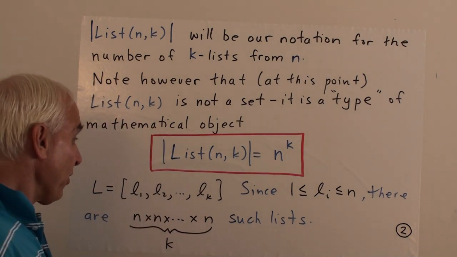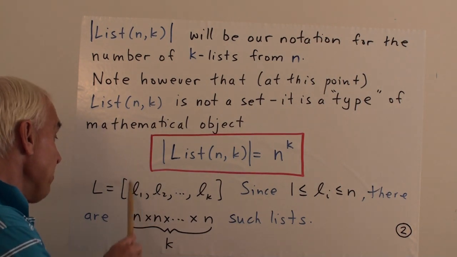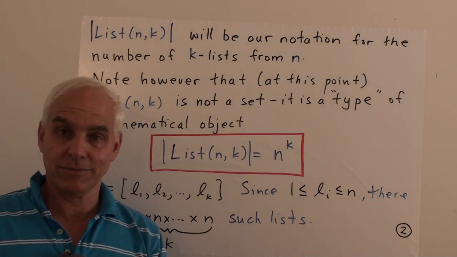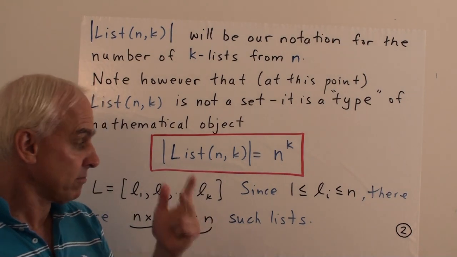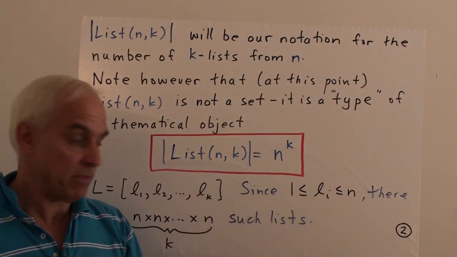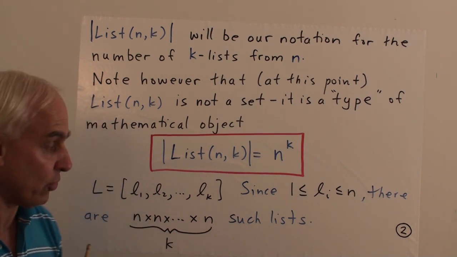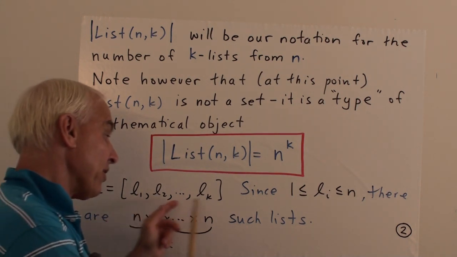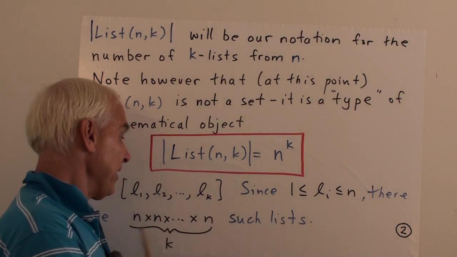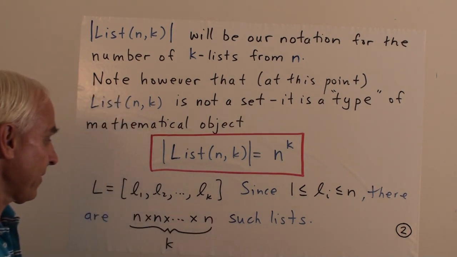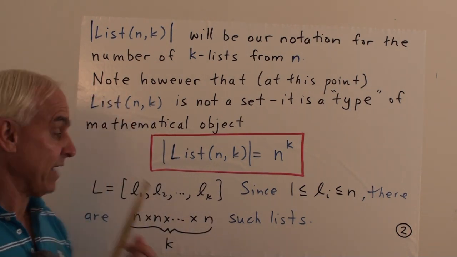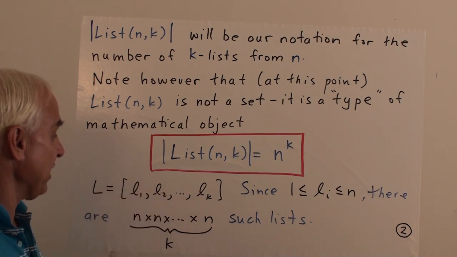Well, it's a very simple situation, because there are n possibilities for the L1. L1 could be 1, 2, all the way up to n. There are exactly n possibilities. And similarly, there are exactly n possibilities for L2, and similarly for all of the L's, including Lk. Because repetitions are allowed, these various choices are completely independent.